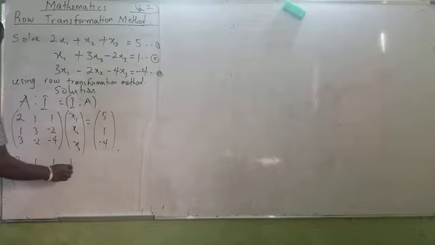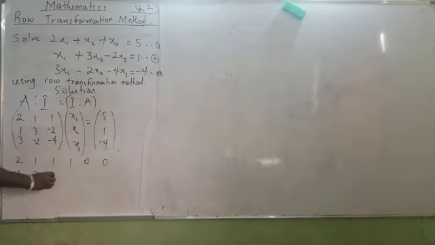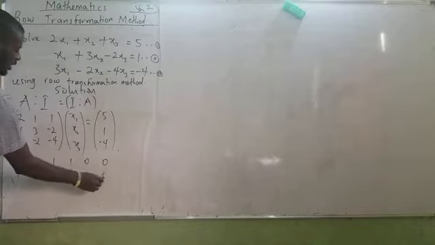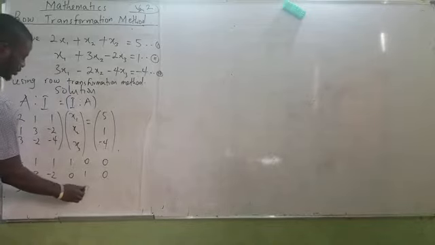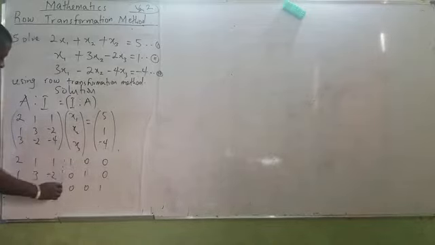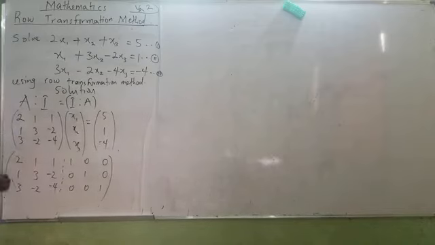Okay. 1, 0, 0, and 1, 3, minus 2, 0, 1, 0, and 3, minus 2, minus 4, 0, 0, 1. Now, this is the augmented matrix I'm talking about. Can you see?